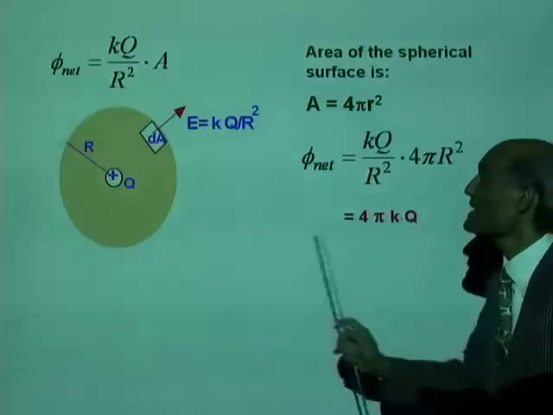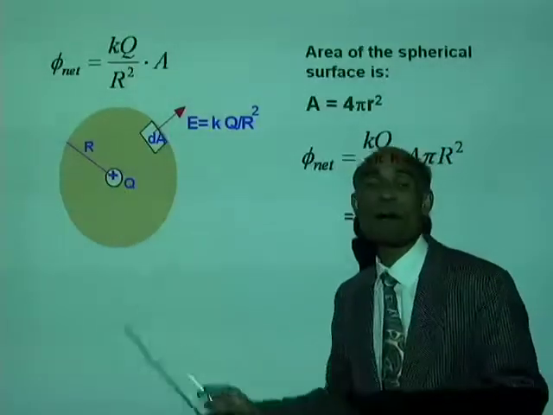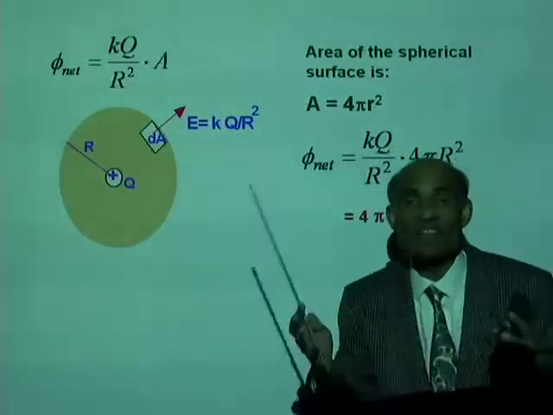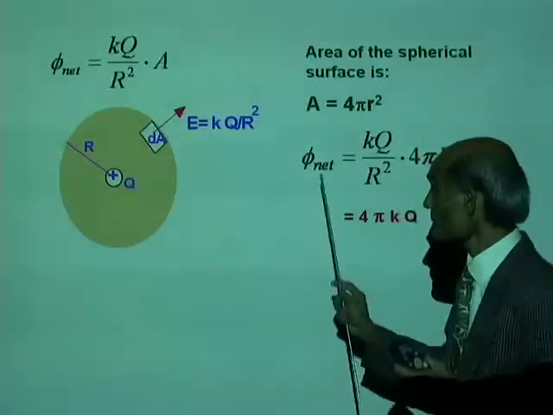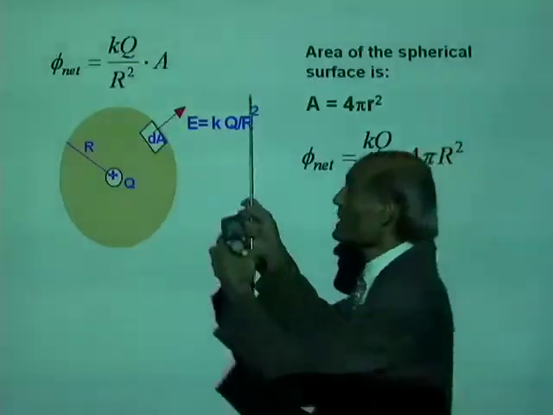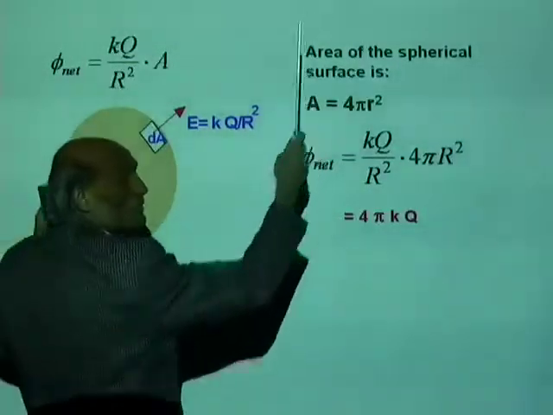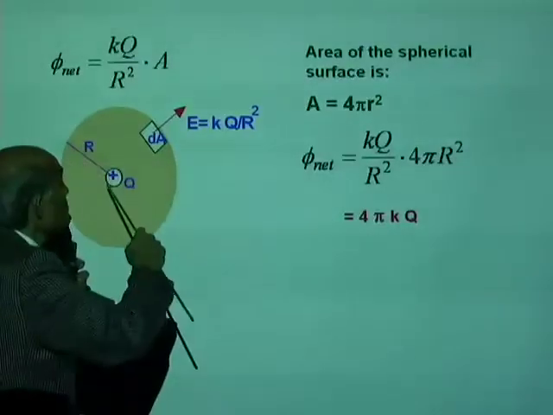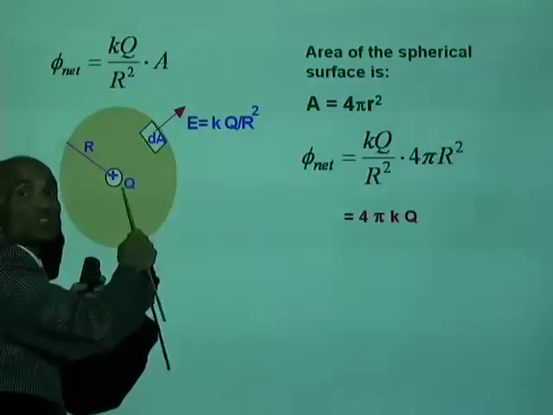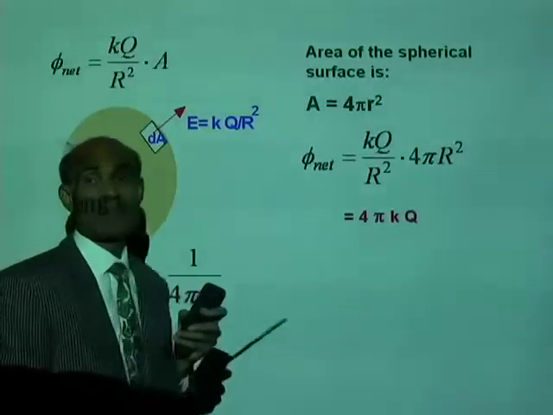What does the q stand for? Q is the amount of charge inside that surface. So, let me say that again. The net flux leaving a surface is 4 pi k times the charge inside that surface.